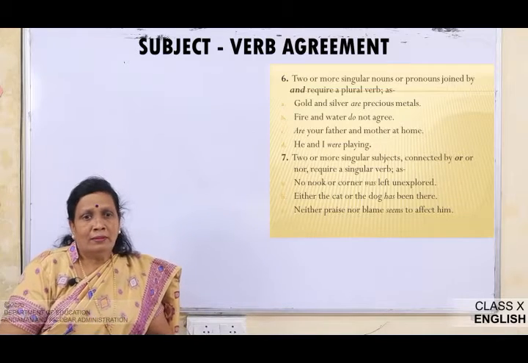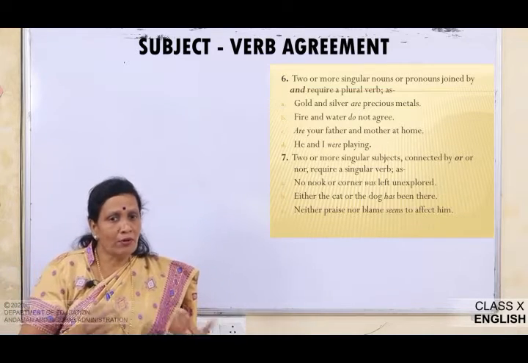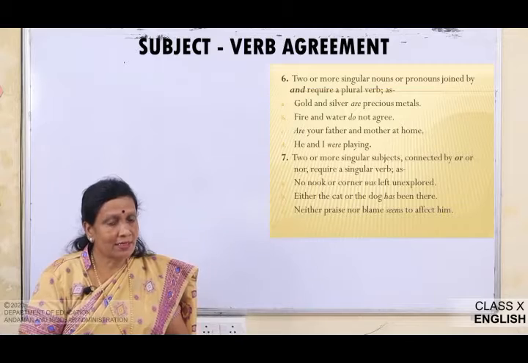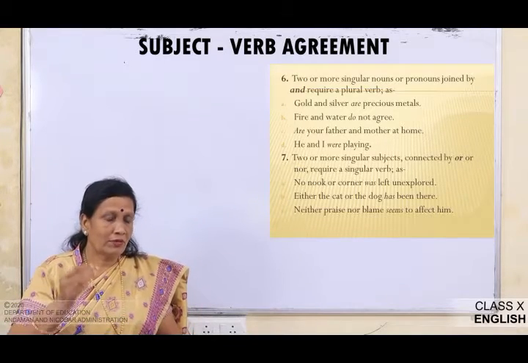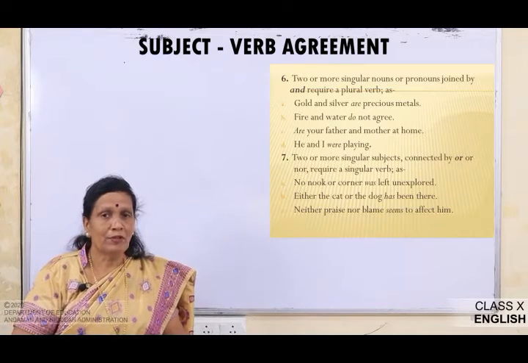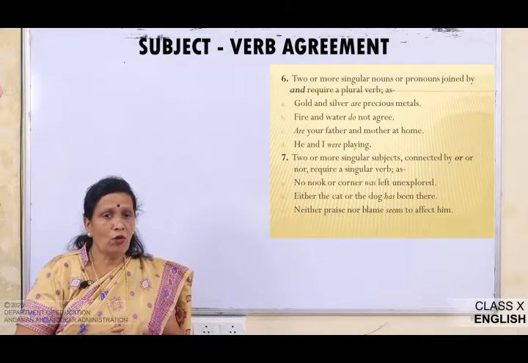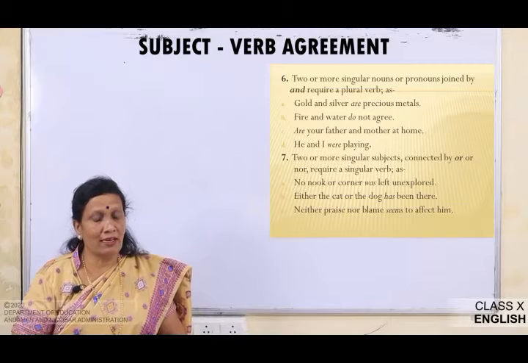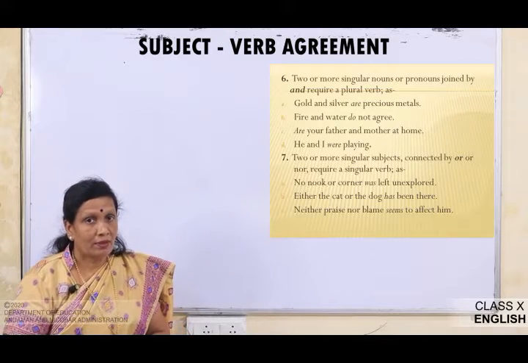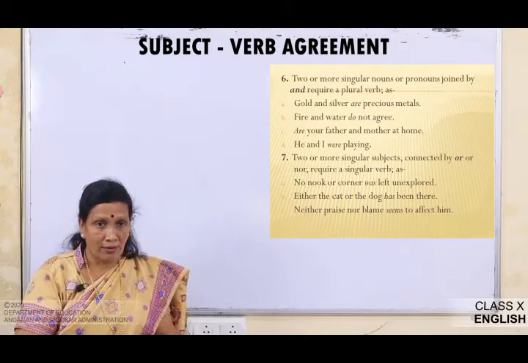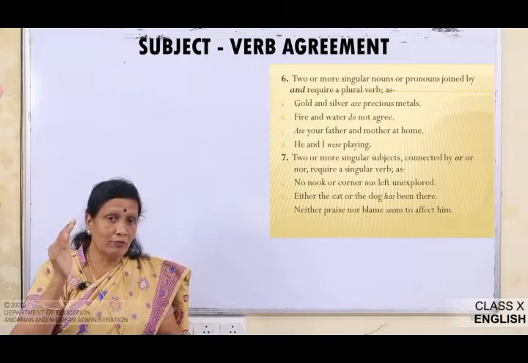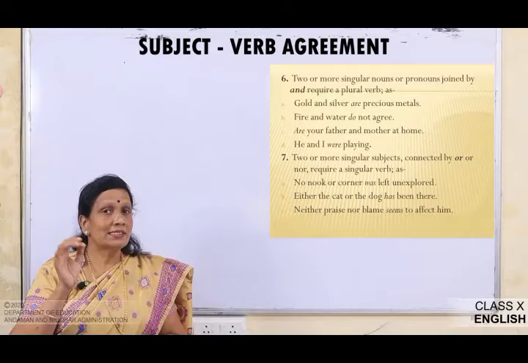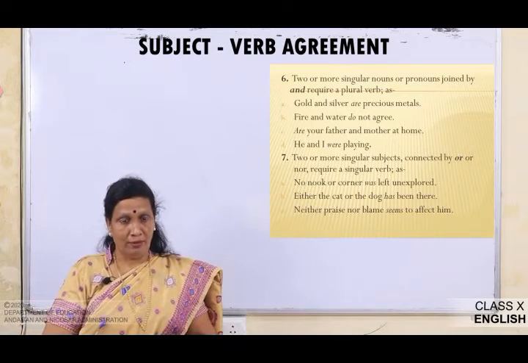Okay? Next, when two or more singular subjects are connected by or, nor, we use the singular verb. For example, no nook or corner was left unexplored. Whenever we use or, nor, you have to remember, then the verb will be in the singular form.